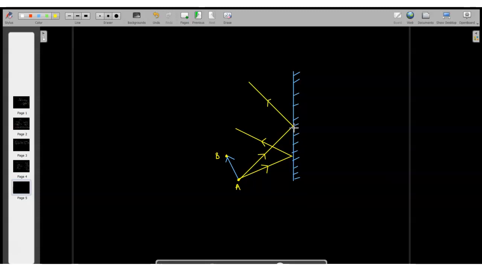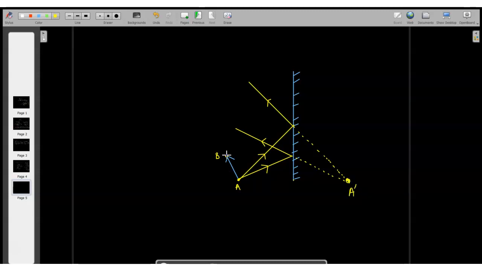Okay, now if we extend these reflected rays backwards, again I'm telling my figure may not be exact because I'm not using scale and pencil over here. Okay, so we know that the object distance from the mirror is same as the image distance from the mirror. So somewhere here the image will be formed. Okay, so we'll extend it back. Use scale and pencil for measurements. So you see the image of point A is formed over here, A dash.